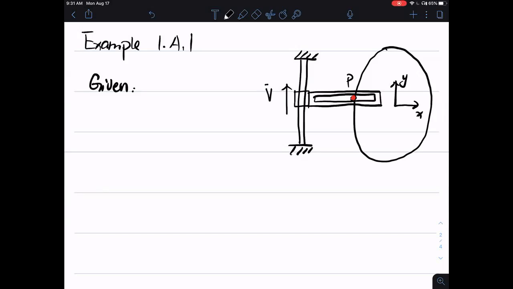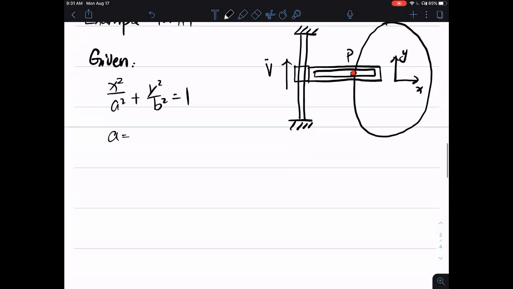Let me write down all the given conditions here. x squared over a squared plus y squared over b squared equals 1. We know A equals 10 millimeters. Oh, sorry, that's 5 millimeters. B equals 10 millimeters. And the speed of that column is moving at 30 millimeters per second up in that direction, which is a constant.